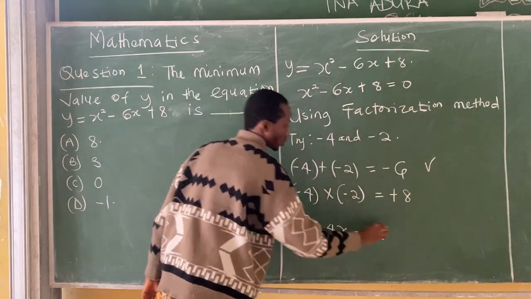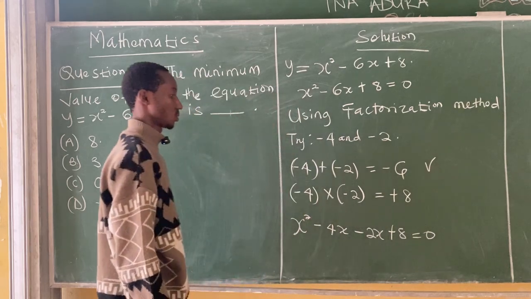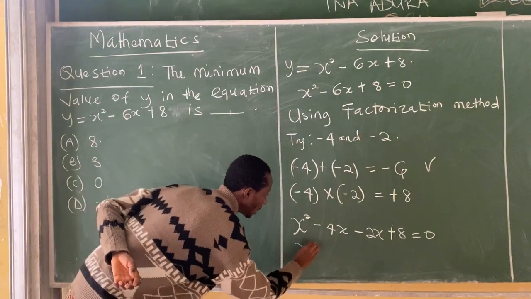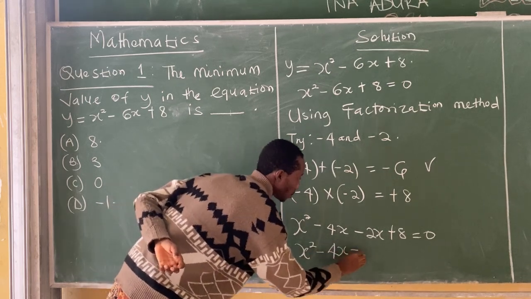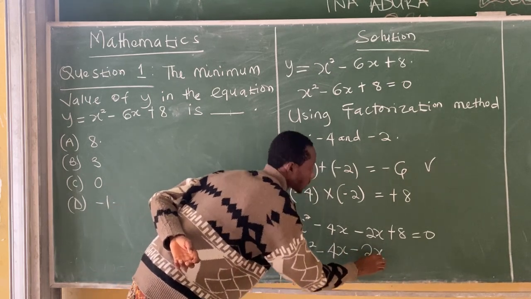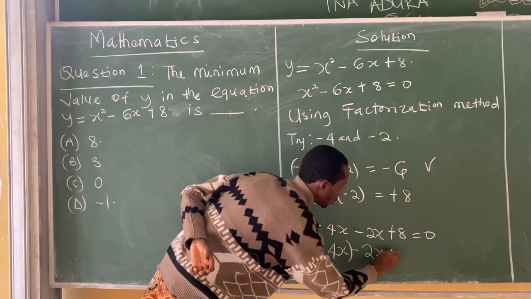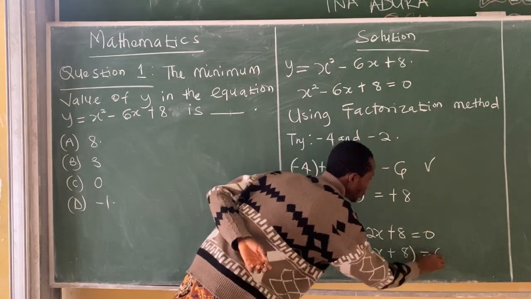We'll bring this down. Plus 8 equal 0. This is the same thing as x squared minus 4x minus 2x plus 8 equal 0.